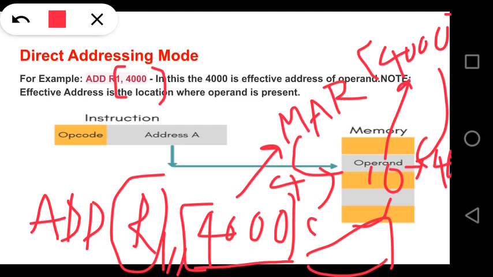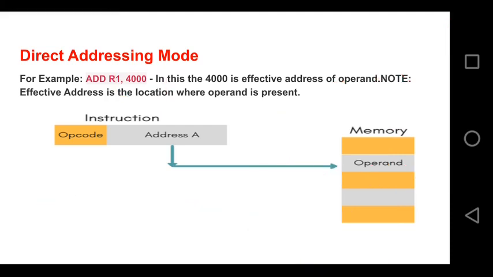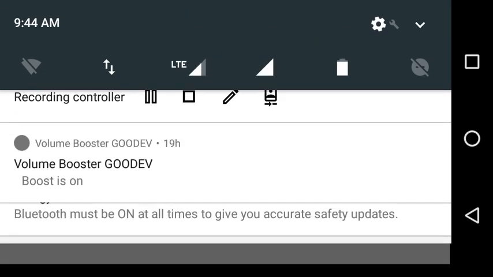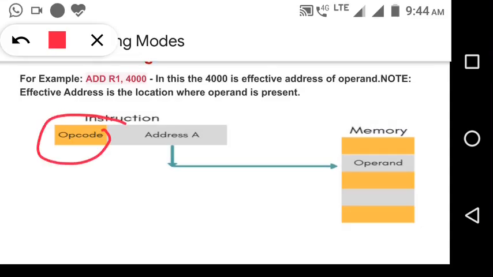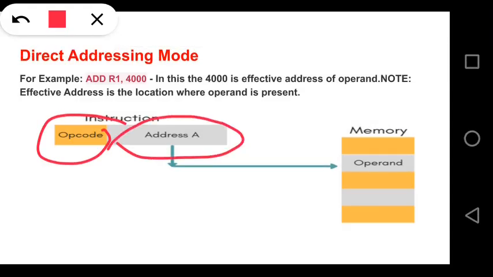Place that 10 in MDR, memory data register, and from MDR place that in a particular register and proceed with the addition operation. So this is called direct addressing mode. This is the opcode part, this is the address of A.